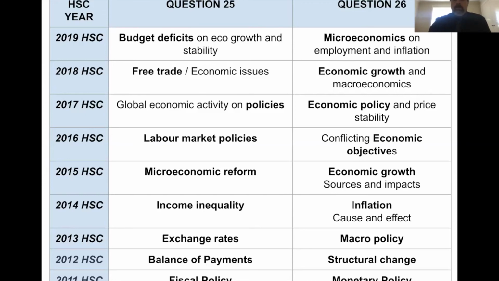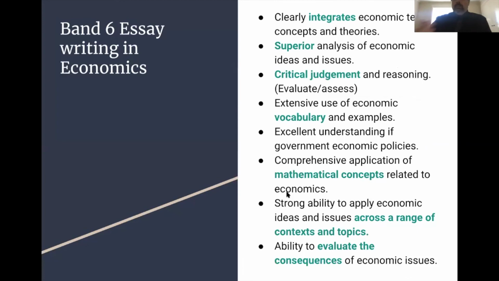All right, let's have a look at this band 6. I know I just went through the criteria for the band 6 previously, but again we're stressing that your answer generally needs to include these areas to get into that 17 to 20 range. So integrate economic terms, we've done that.